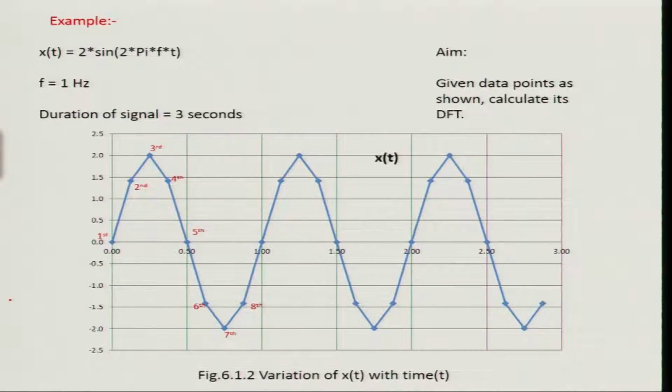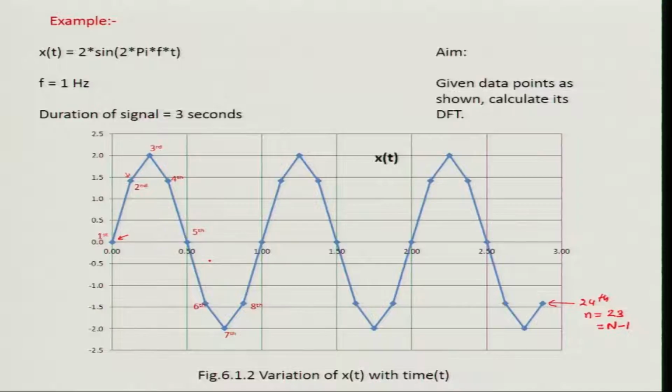So, these are the points, so this is point number 1 which corresponds to n is equal to 0, this point corresponds to n is equal to 2 and so on and so forth, and this is the 24th point and the corresponding value of n is 23, which is equal to capital N minus 1. Okay. So, this is the actual data which we are getting, and now from these data we have to figure out the frequency domain representation of the signal.